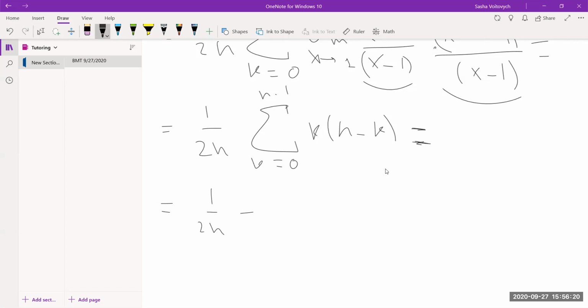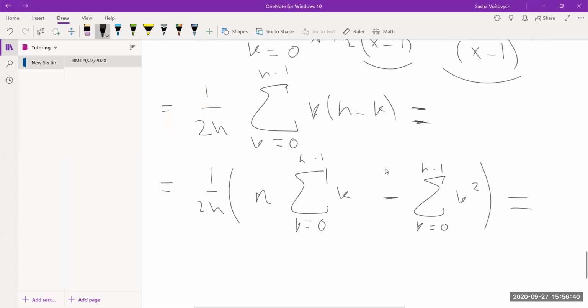So first part of it is just n times the sum of k terms minus the sum of squares, from k equals 0 to n minus 1, and here from k equals 0 to n minus 1.